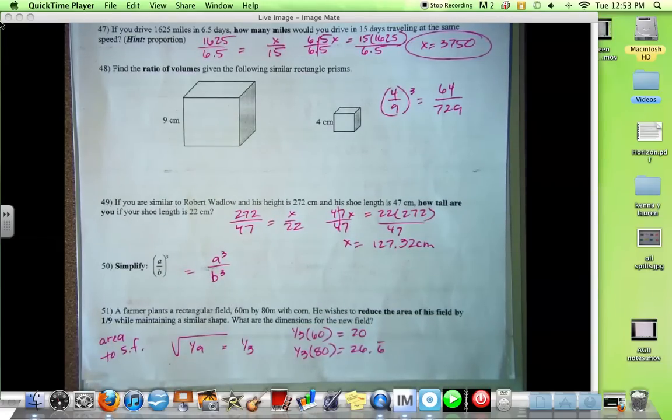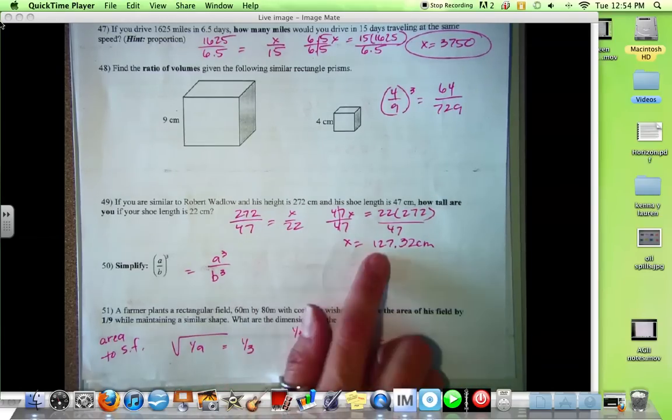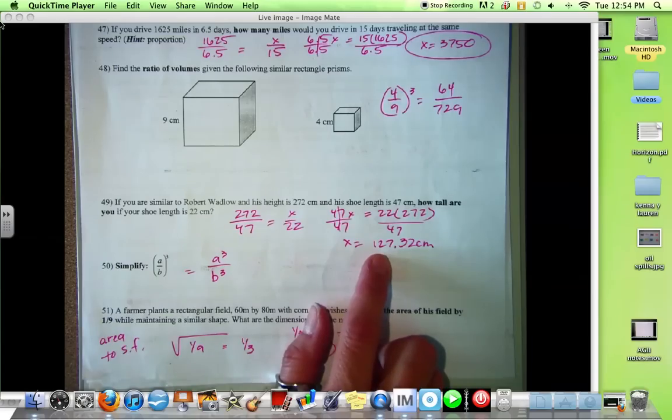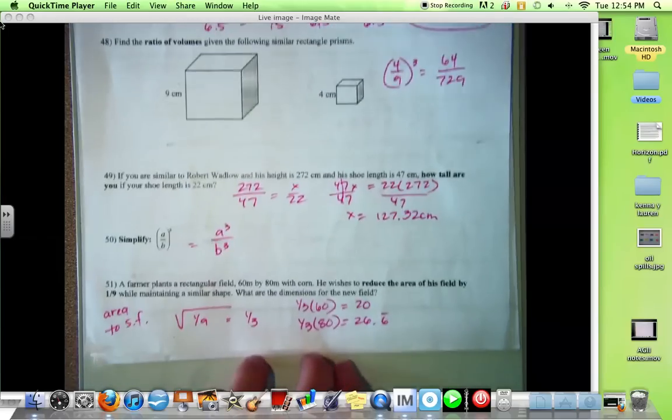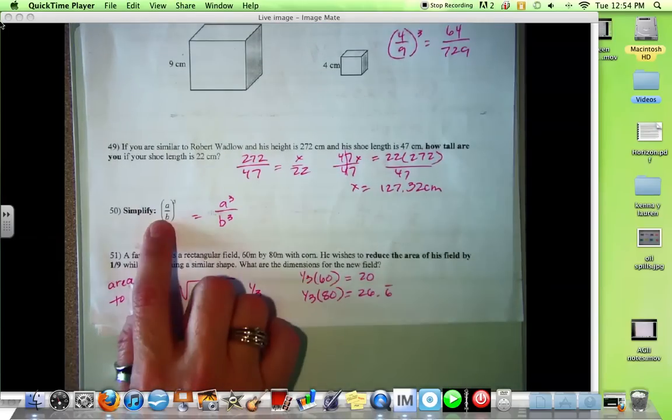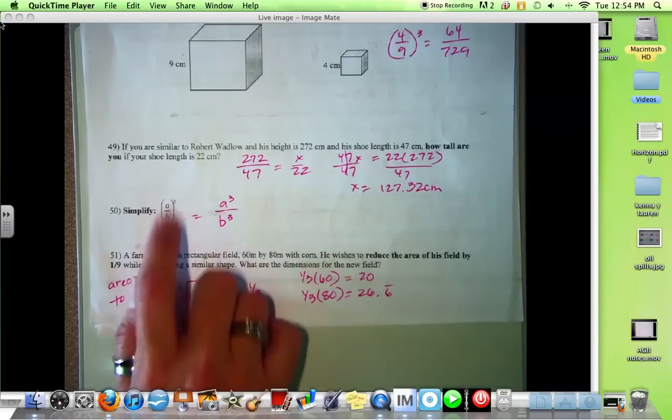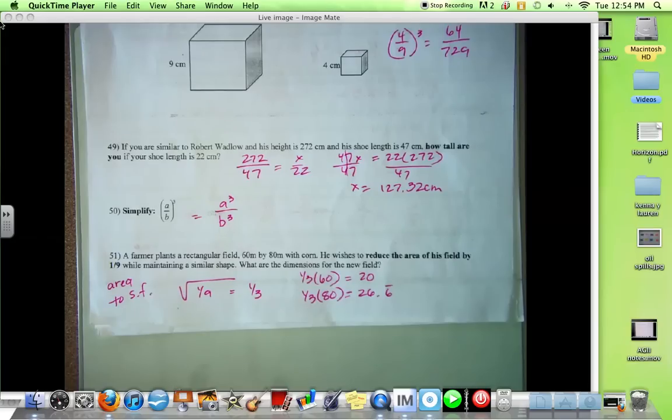49. If you are similar to Robert Wadlow and his height is 272 centimeters and his shoe length is 47, how tall are you if your shoe length is 22? Set up a proportion, and your height is 127. 50. You need to simplify, so this becomes a cubed over b cubed. 51.